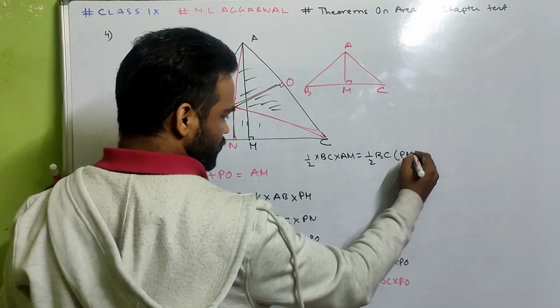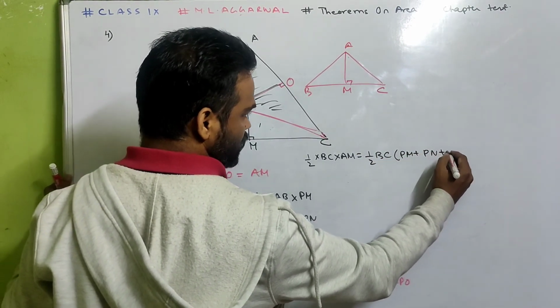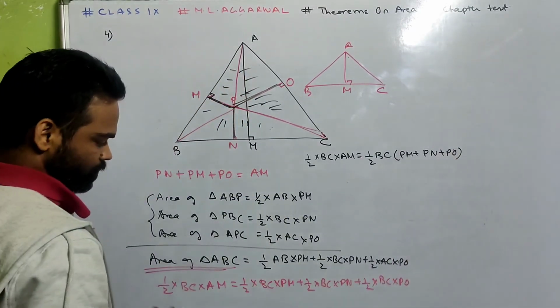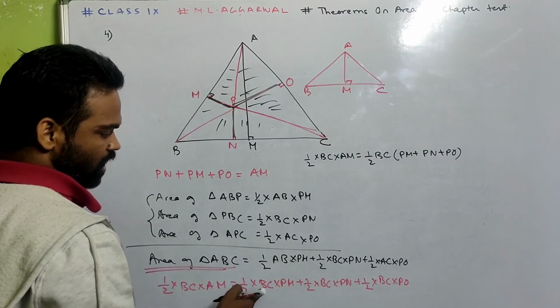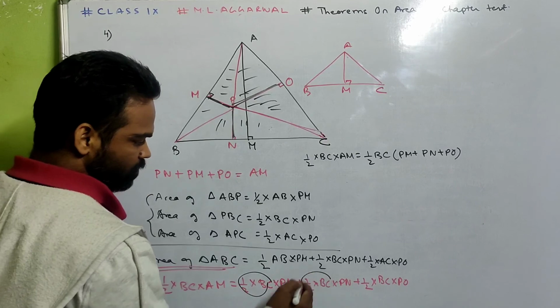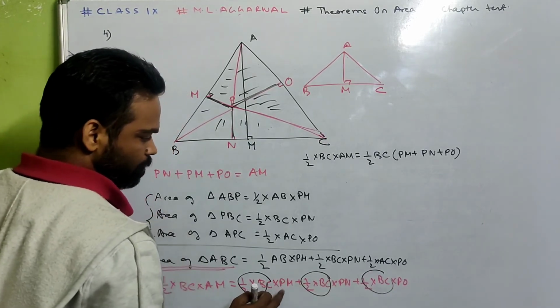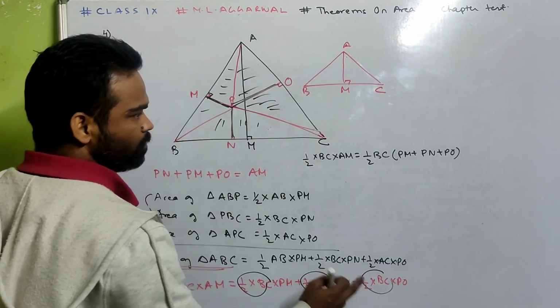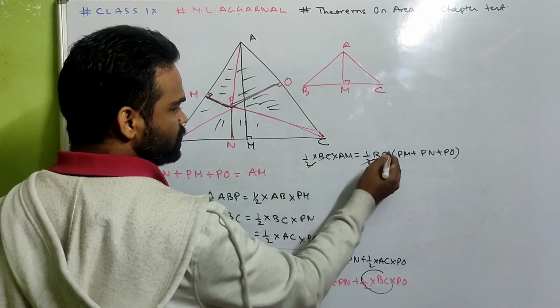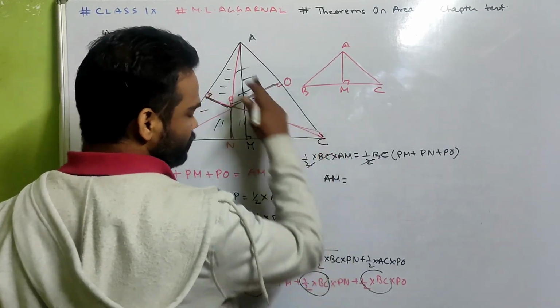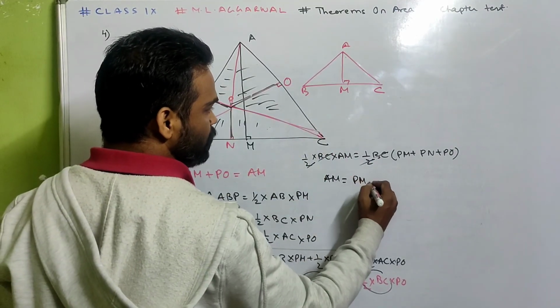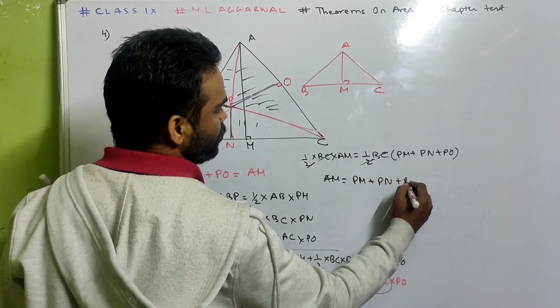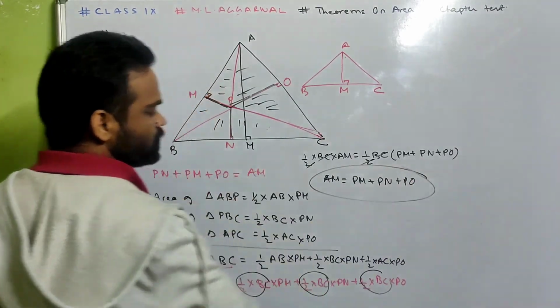So PM plus PN plus PO. Look carefully. Half BC into AM, half BC common, half BC common. So PM plus PN plus PO. The 2 half BC cancel, which means AM, which was the altitude, is equal to the sum of the perpendiculars from the point P.